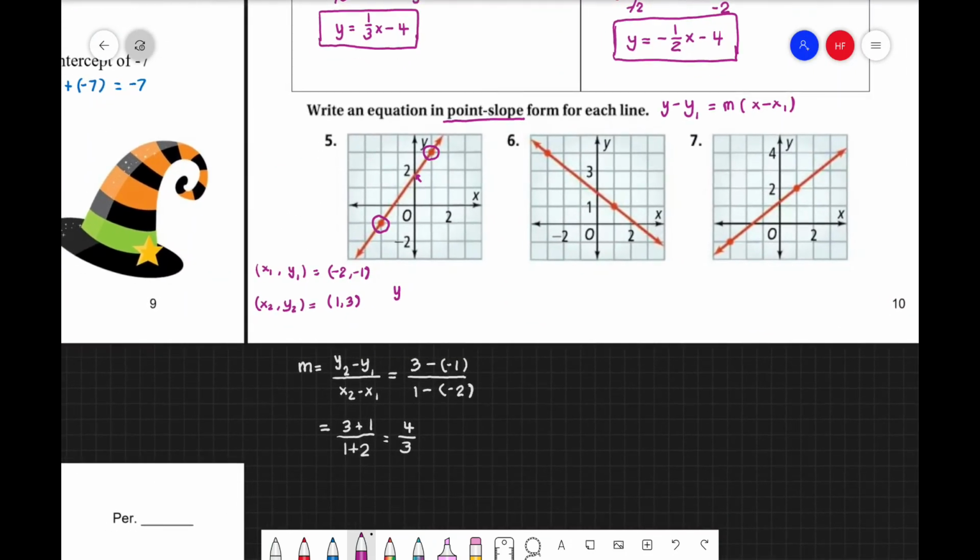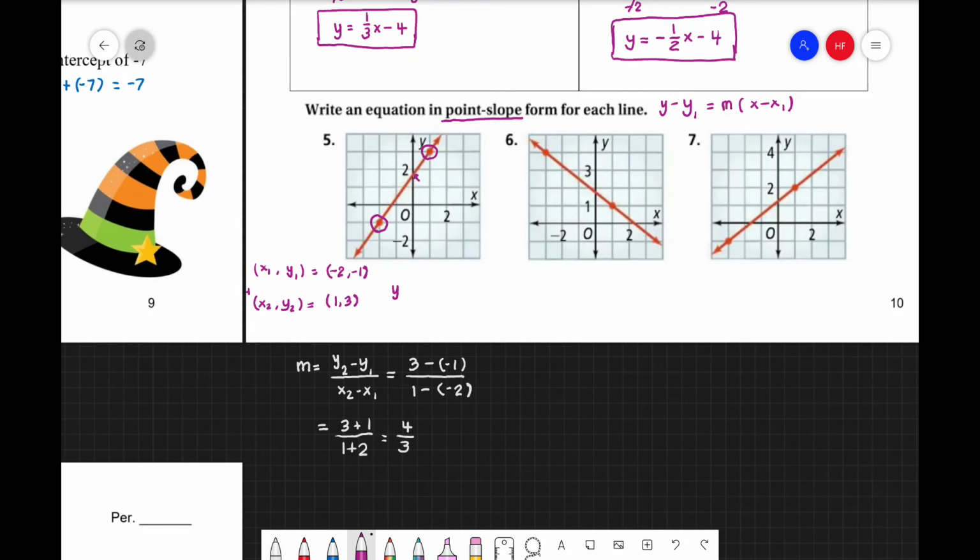So this is y minus 3 equals 4/3, my slope, times x minus 1. So when you're dealing with both positive, you don't have that double negative in there. So you could stop here, and this is your line in point slope.